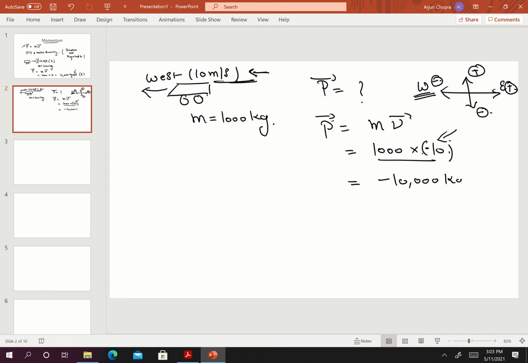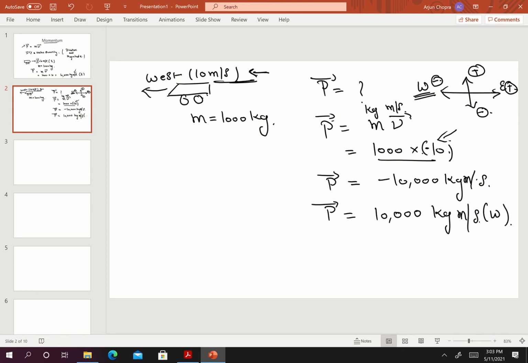Again, the units of mass is kg and units of velocity is meters per second. So the final units for momentum will be kg meters per second. And I can also write it as momentum equal to 10,000 kg meters per second in west direction. So that's what momentum is.